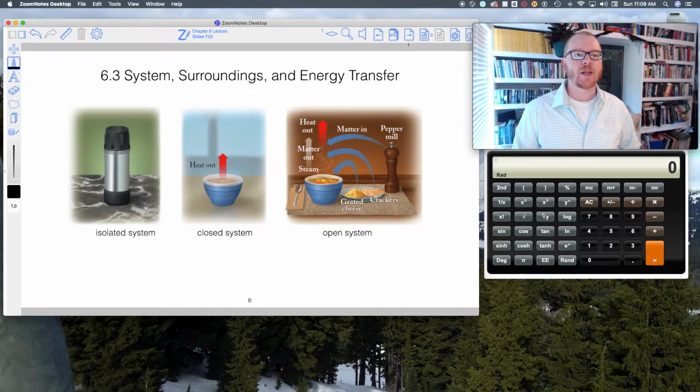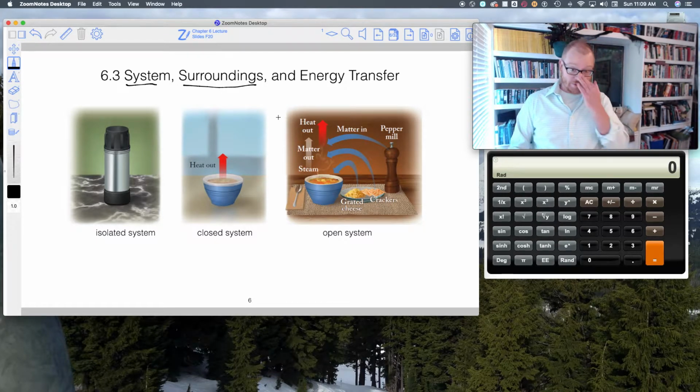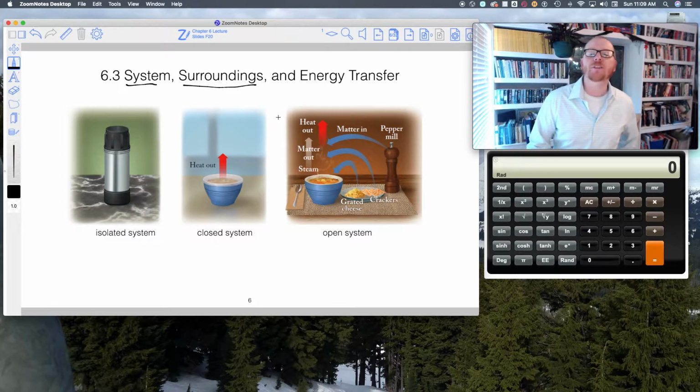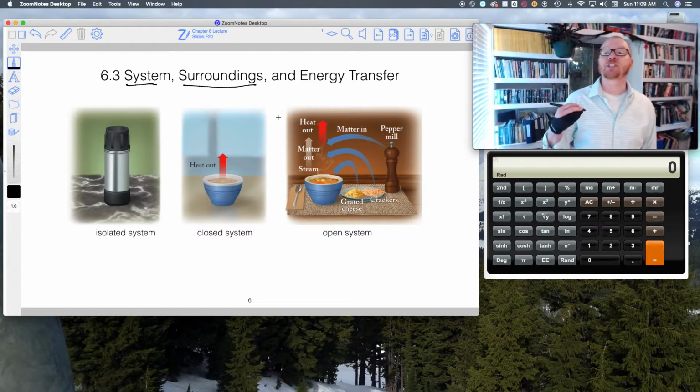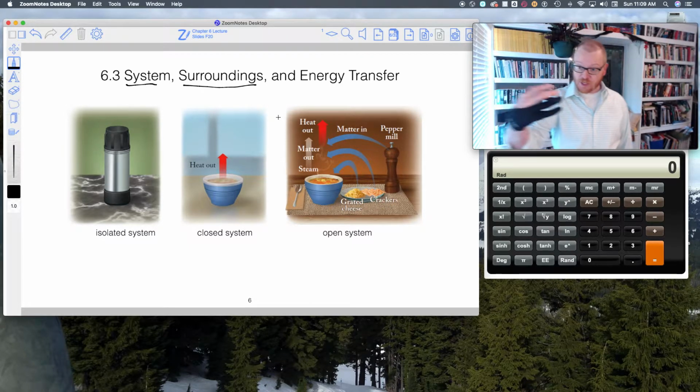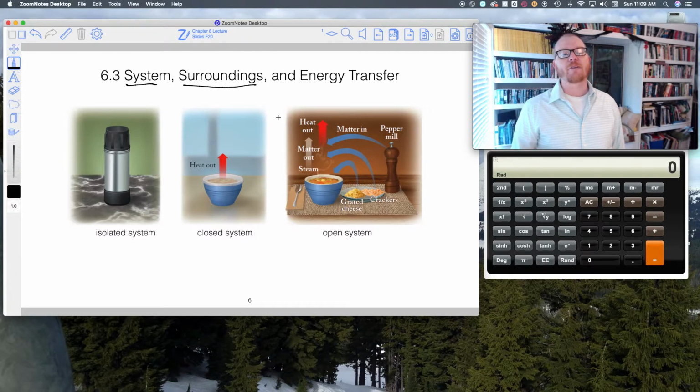Okay? So let's talk about now system and surroundings. So this is really important in thermodynamics. And when we start to think about this idea, is energy being released or is energy being put in, we need to have an organized way of defining, well, what is it?